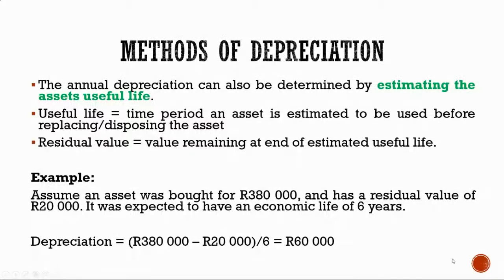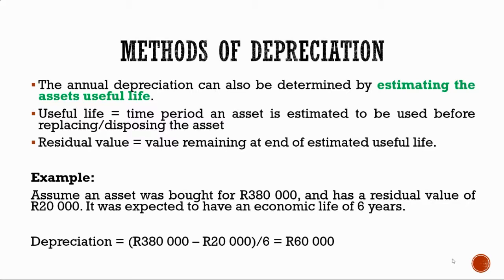So let's talk about these methods now. Our annual depreciation, so that is the depreciation for that specific year, we determine by estimating the asset's useful life. Now, in the previous example, we said the depreciation rate was 25%.